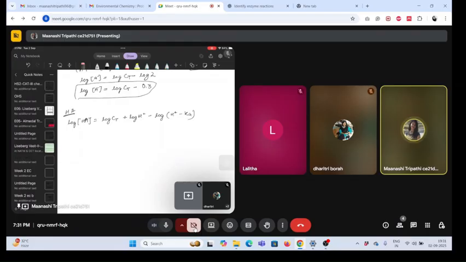The main equation, like we wrote for A negative, it can also be written for HA. And simply, we have to apply all the cases. Case 1. What was the case 1? pH is so much less than pKa. Here what will happen? Simple. Log HA is equal to log CT.